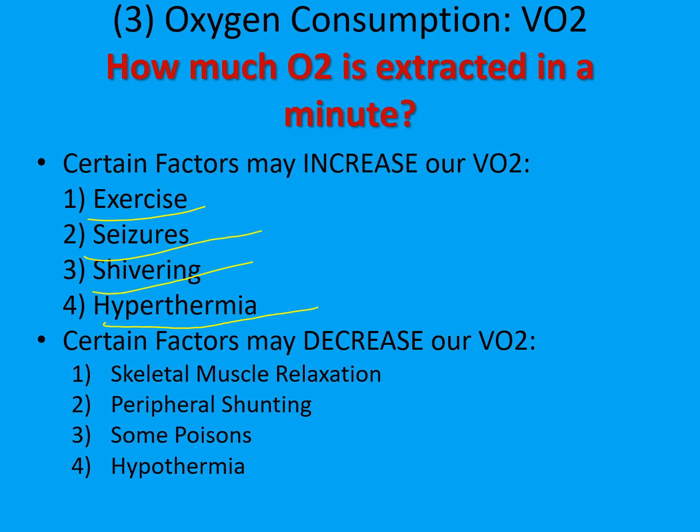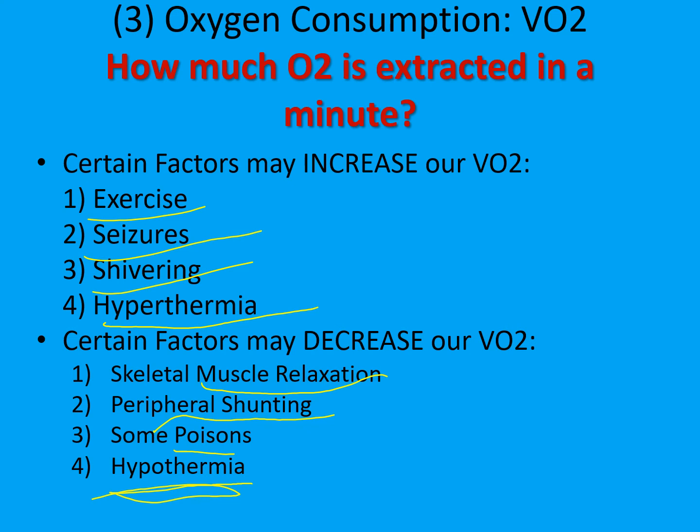Things that can decrease, of course, paralytics, like skeletal muscle relaxers. Peripheral shunting, like the vasoconstricting of your fingers when you're cold type thing. Some poisons can easily do this. And then hypo, so low core temperature. Thermia, right? Found outside, not shivering. Right, that's why I say not shivering. That's why we used to do hypothermic therapy, as of recording this.